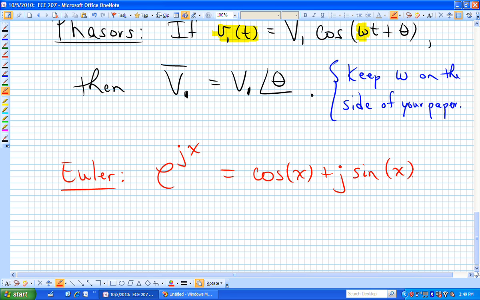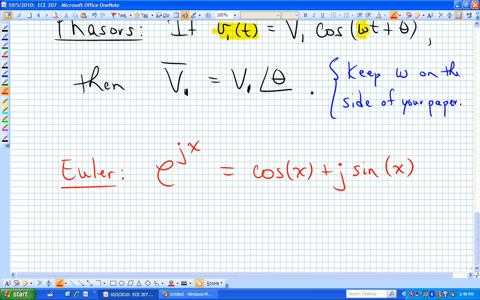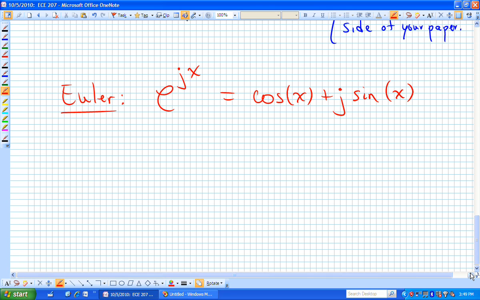How's that? So we're going to use that to represent e to the jx. You could actually think of it as a rotating phasor. If you projected that rotating phasor onto the real axis, you would get the real part of that expression. That's cosine of x.